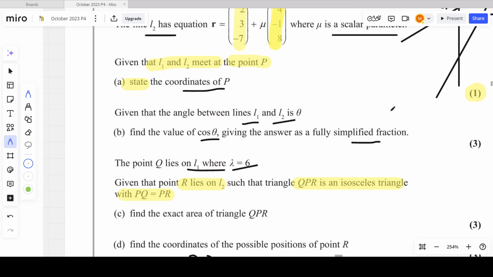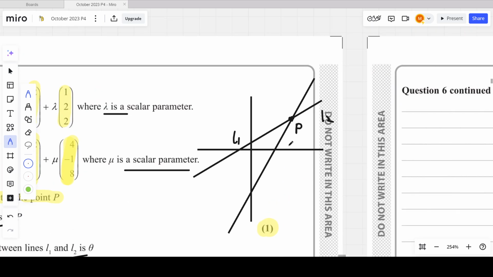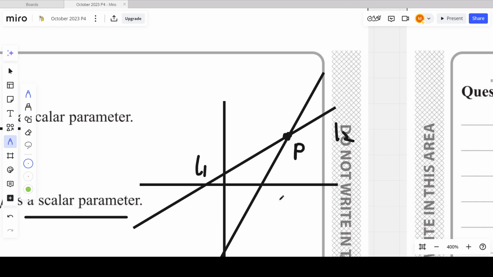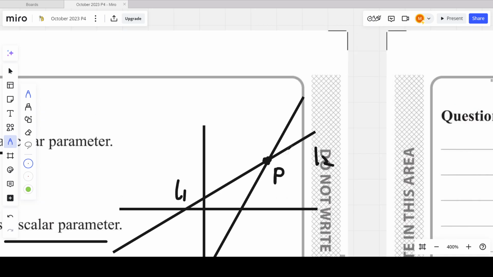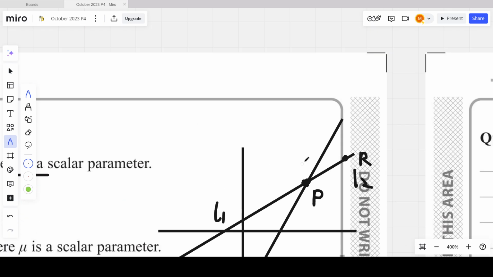Point R lies on line L2. Consider this is R. That is lying on line L2. And Q lies on line L1. And this is basically the triangle.